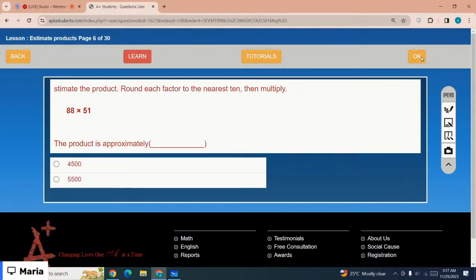Got it? You need to round off 85 to 90. Whenever you have a number that is exactly midway between two tens, it will be rounded off to the upper 10. It will be rounded off to 90. Got it? The next one is 88 times 51. Which is the correct option?